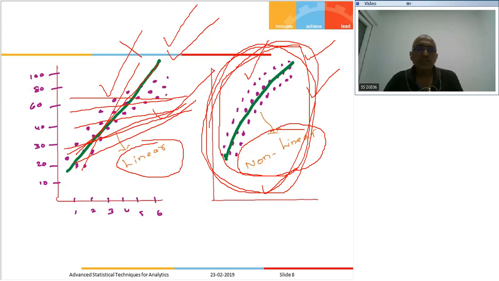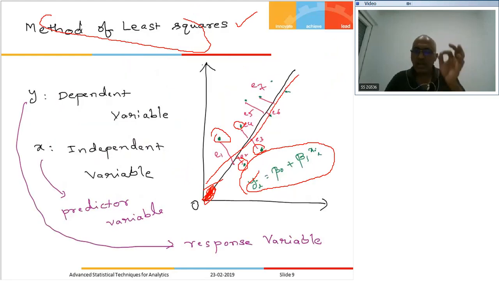But here if I take errors as they are, the error can be positive or negative. I repeat the same concept to have clarity on it. Suppose this error is 2 and this is minus 2, this is 3 and this is minus 4, this is plus 4, this is minus 3 like this. If I sum all these things, then the error becomes 0.